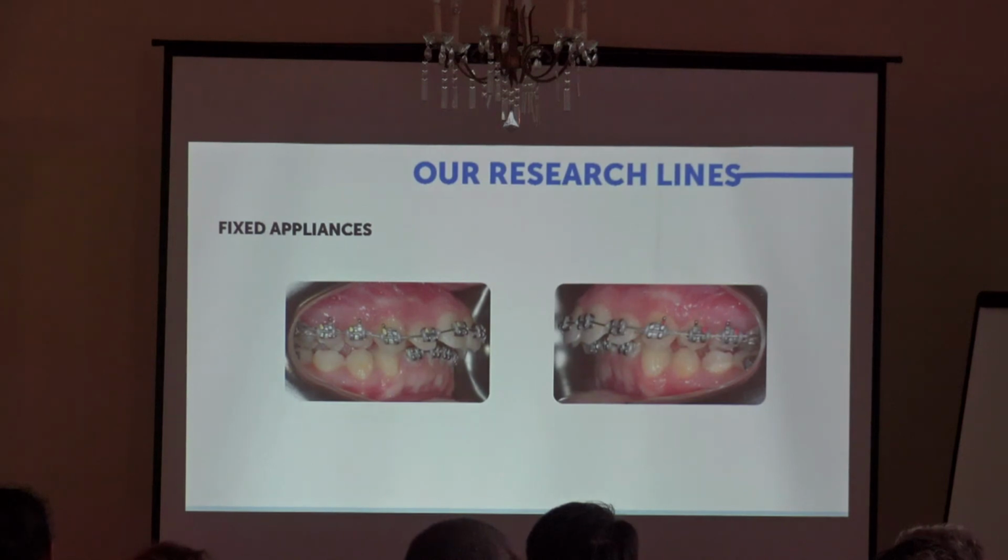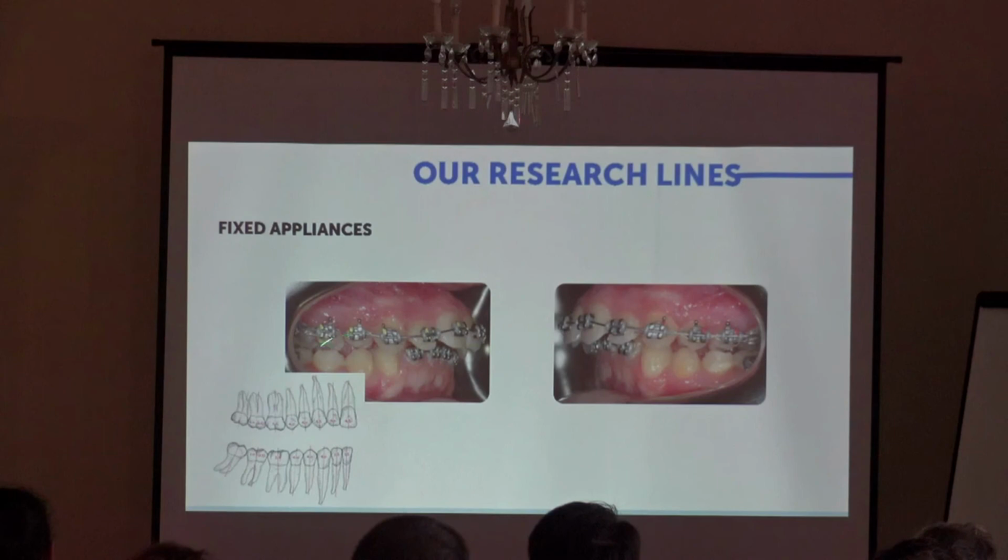Just to give you an idea, all the teeth have a slight forward inclination. That's the ideal situation. So when we first apply a wire, so applying a force system to all the teeth, what we see is that all the teeth are moving slightly forward. In many cases, we don't want this to happen.